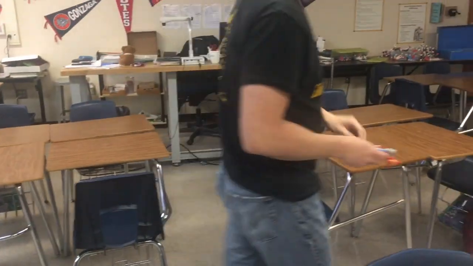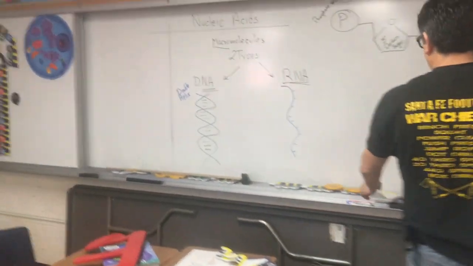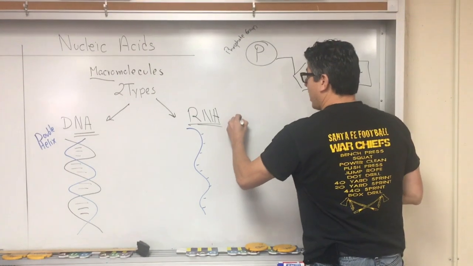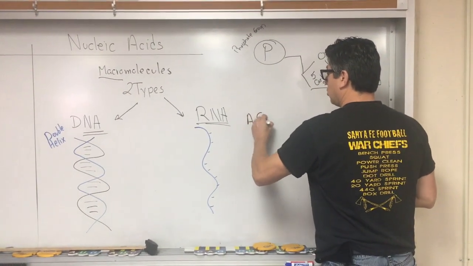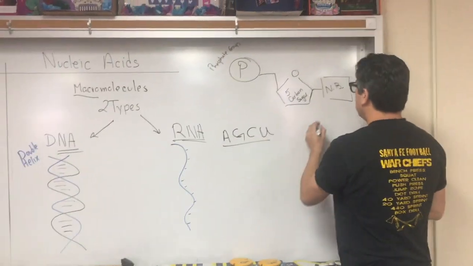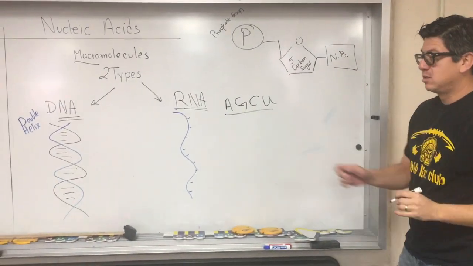Now, what makes these nucleotides different? There are some differences, so let's go ahead and talk about those. RNA is going to use adenine, guanine, cytosine, and uracil as its nitrogenous bases.